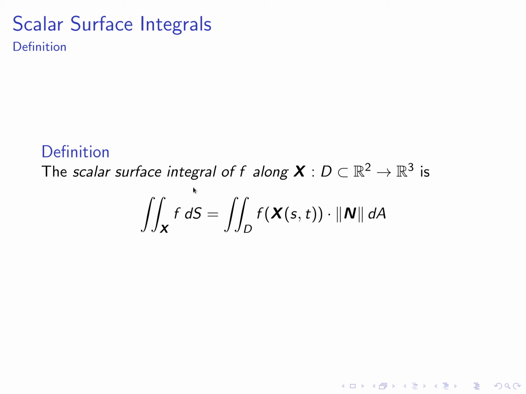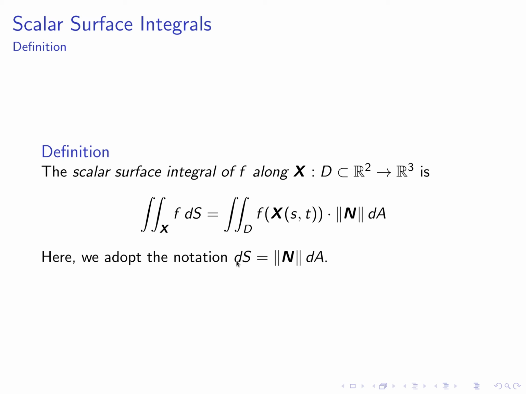So to take a scalar surface integral of a scalar field, we take a double integral over the domain of the parametrization of f applied to the parametrization multiplied by the length of the standard normal vector for the parametrization, dA. And here, what we're doing is we're adopting new notation.